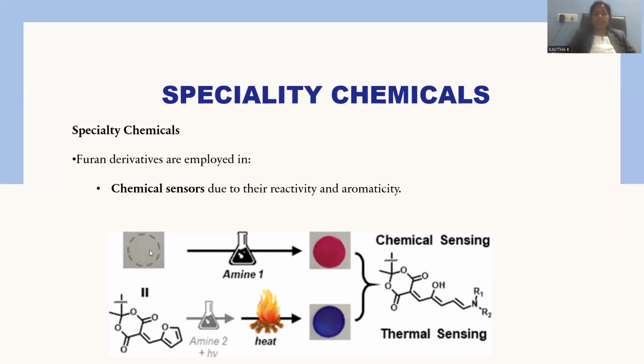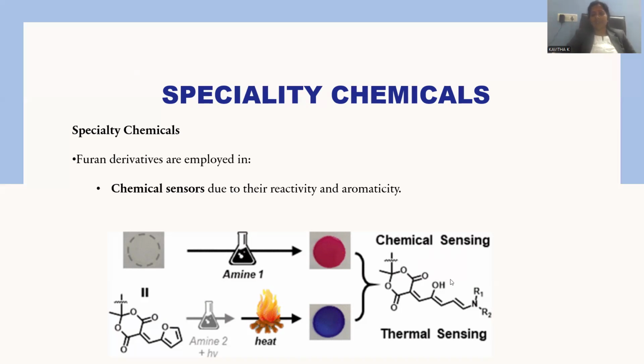Amine will be treated with this one, and blending will proceed with this furan. Amines will be blended over there, able to generate the kind of material which has the potential towards chemical sensing and thermal sensing as well. Both the methods are applied over there, and that gives rise to a sensor tendency.